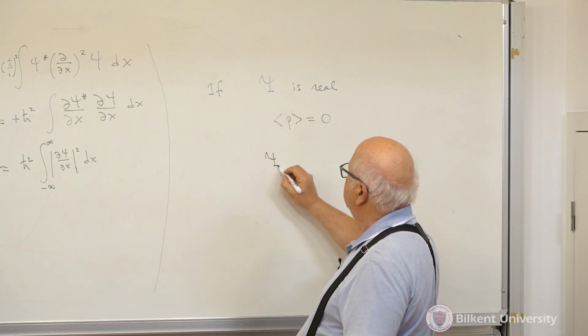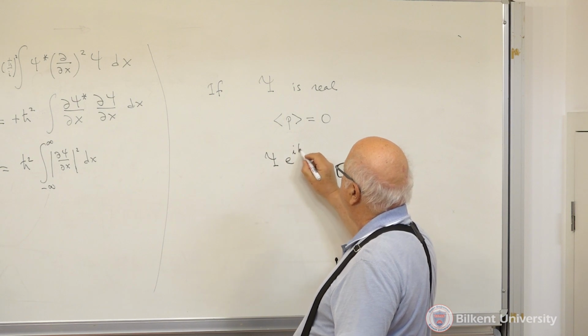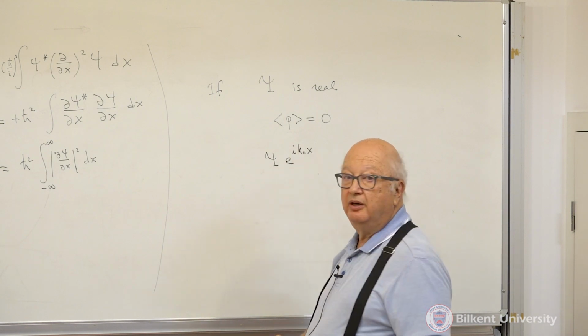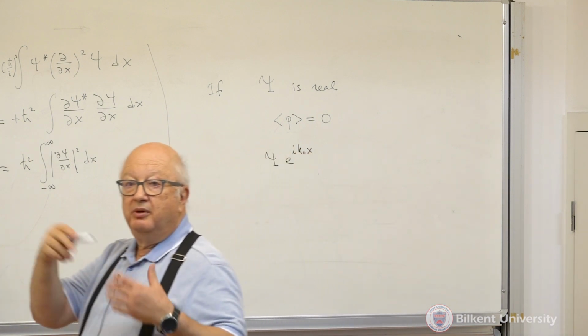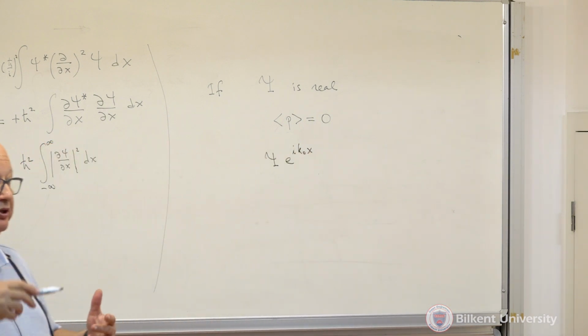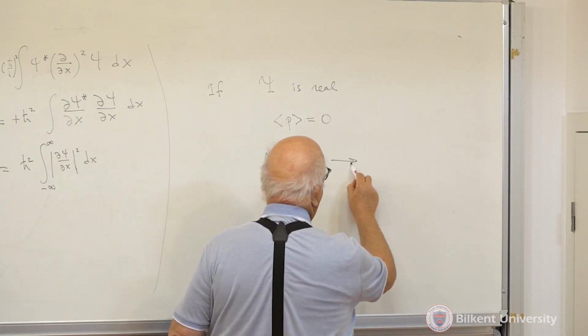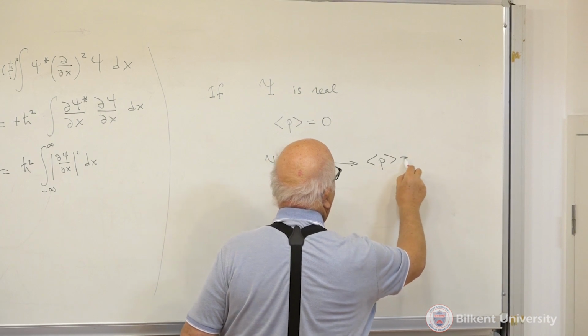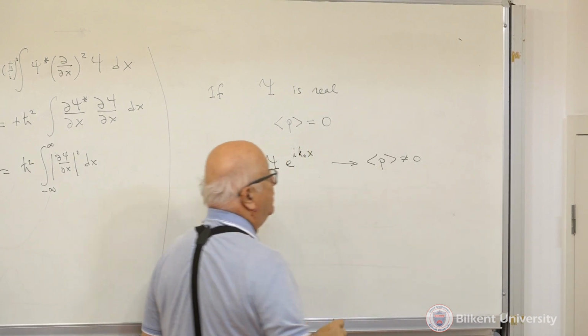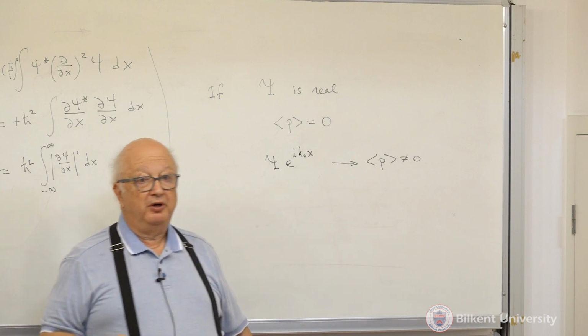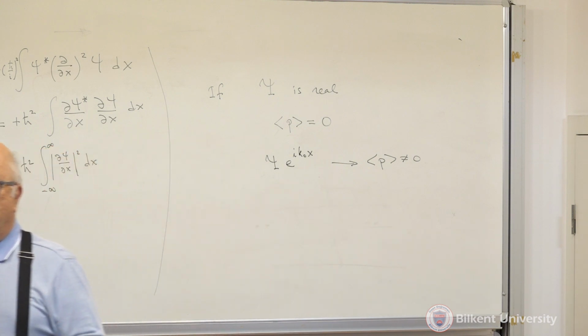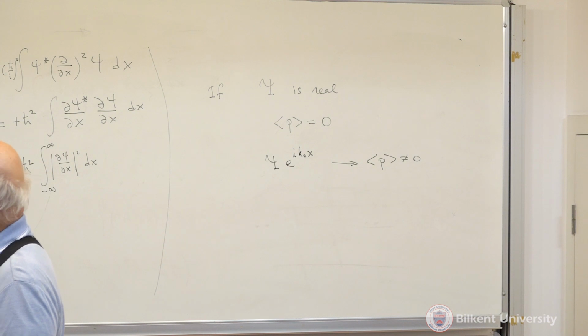Well, if I take this object and multiply it by e to the i k0 x, it just gives it some phase, some oscillation, and that now is associated with average momentum not equal to 0. In fact, it will be related to h bar k0. So that's why we got this relationship between the momenta and that phase term.